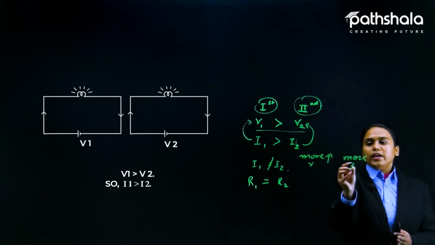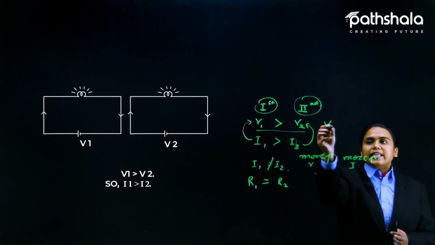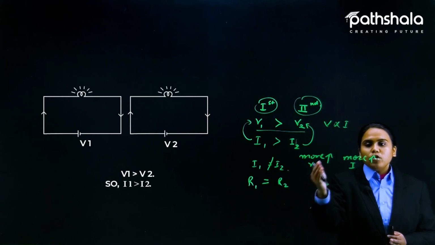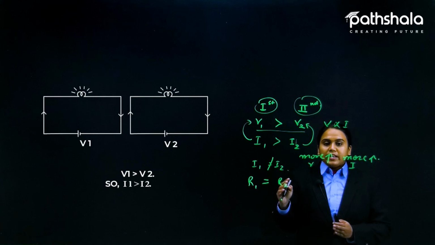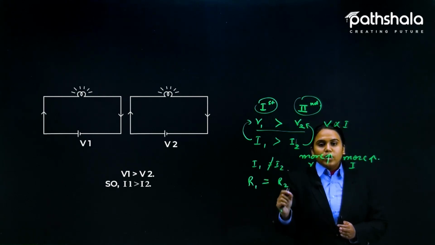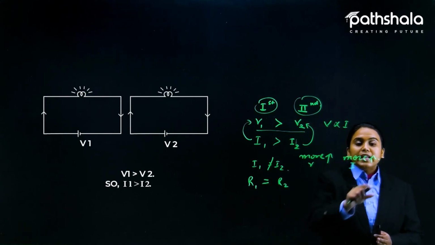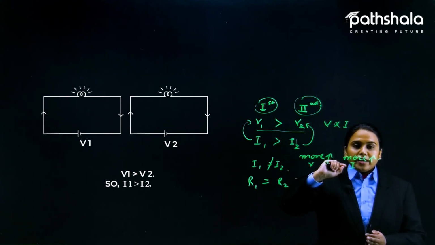This is the phenomenon, because Ohm's law states that V is directly proportional to I. Here more voltage, more current will be there, and in this situation we have taken R as equal in both cases. That is why our current value will be according to the voltage here.